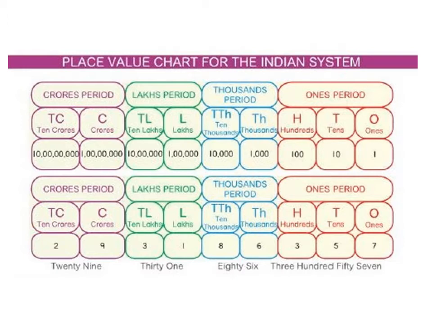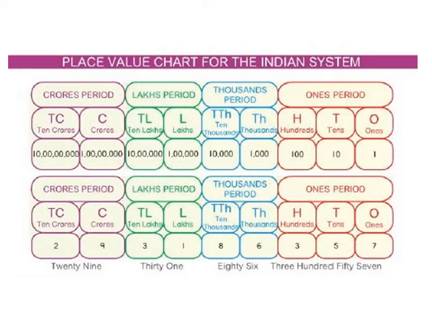Count 2 more digits and another comma will come there. The first comma will come after ones, tens, hundreds. After the hundreds place, one comma will be there. Then the position will be the thousands and the 10,000s. After that another comma will be there, and then the lakh and 10 lakh. After that another comma will be there, and then the crores and 10 crores will come.